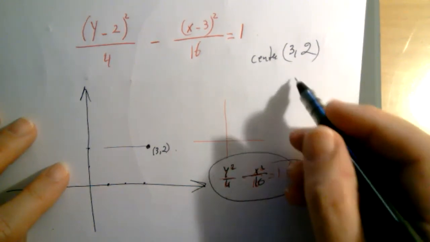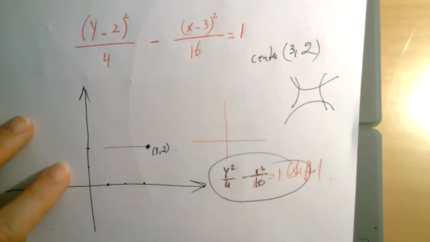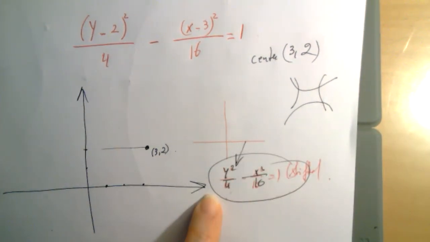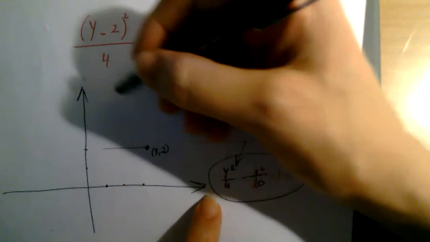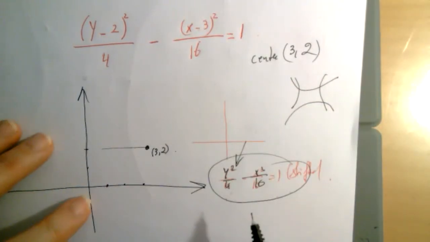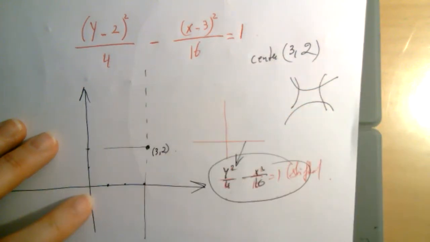Is it going to be like this or like that? Okay, it goes up and down, right, because y squared comes first. Then it's going to be up and down. It's going to be like that and like this, up and down. Very good.